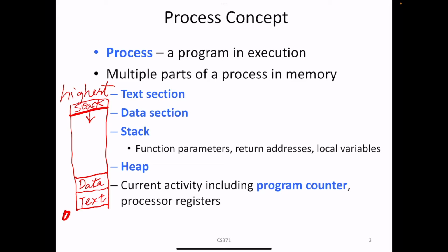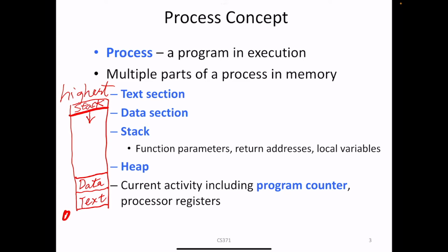On the stack, the function parameters, return addresses, and the local variables are temporarily stored. For example, when you call a function, the parameters requested by this function will be temporarily pushed onto the stack. When the function gets executed, those parameters will be popped off of the stack.